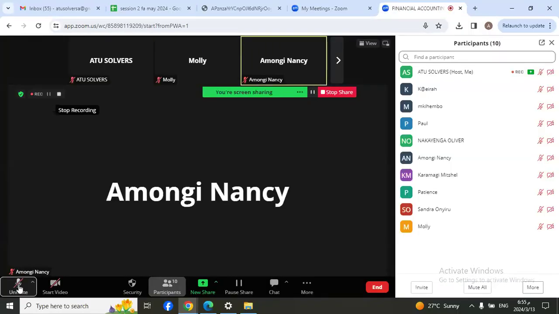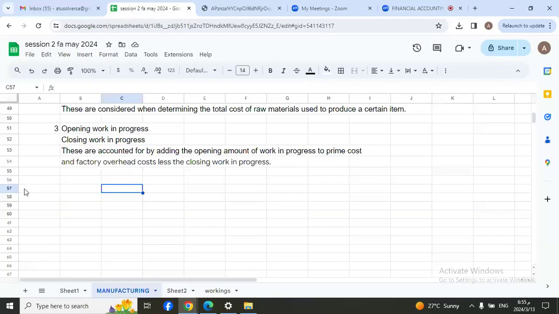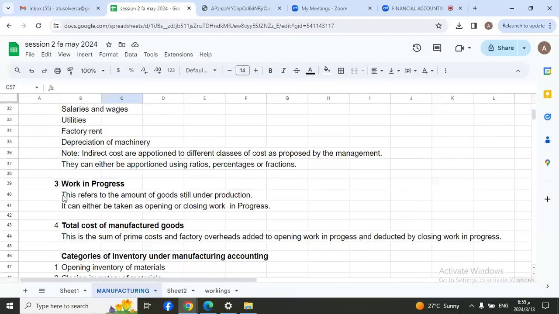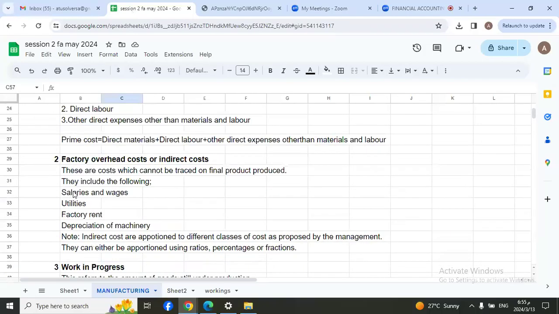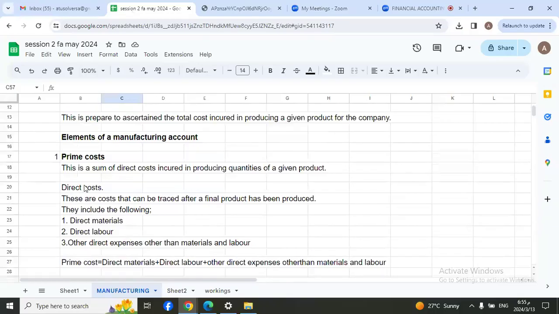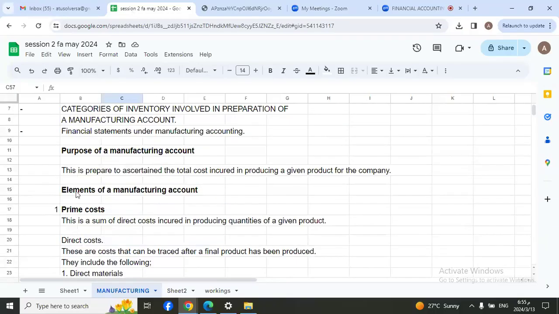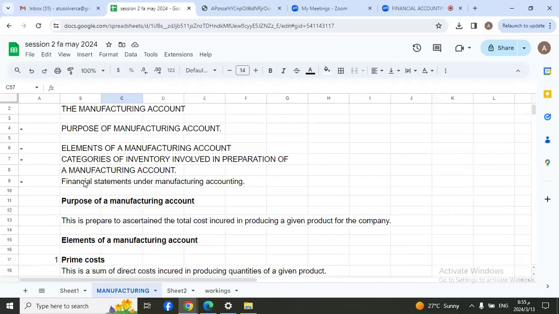Still, the last requirement, because we've looked at the categories involved in preparation of manufacturing account. Then lastly is the financial statements prepared under manufacturing account.